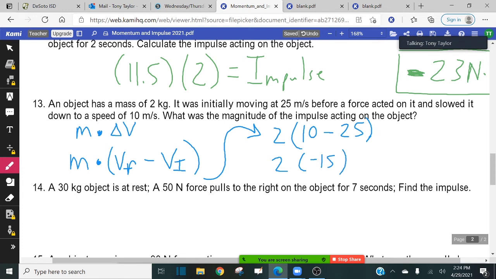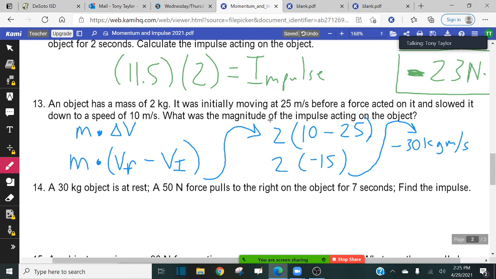Because 10 minus 25 is negative 15. So your direction matters. It's important that your signs are correct. What is 2 times negative 15? Well, that is negative 30 kilograms meters per second. Okay. So guys, this object had a change in momentum that was negative 30 kilograms meters per second.